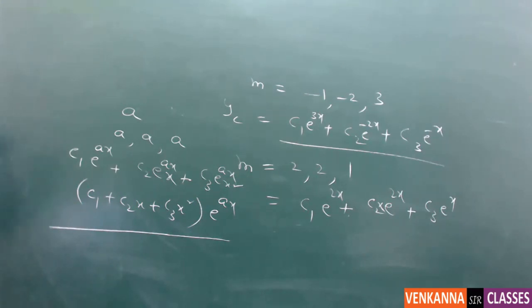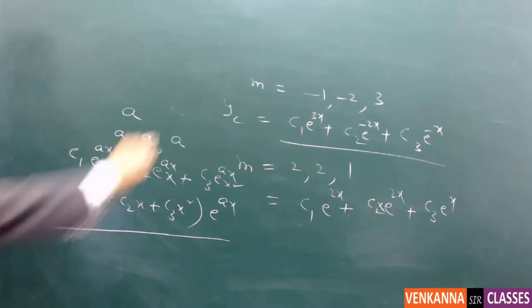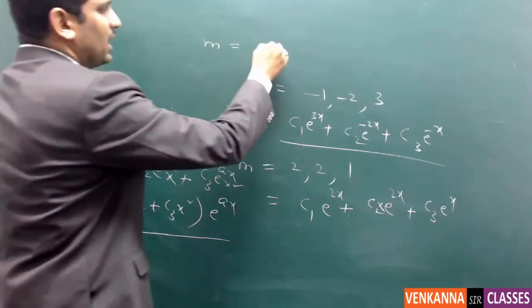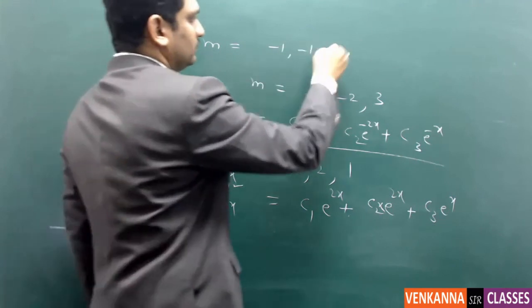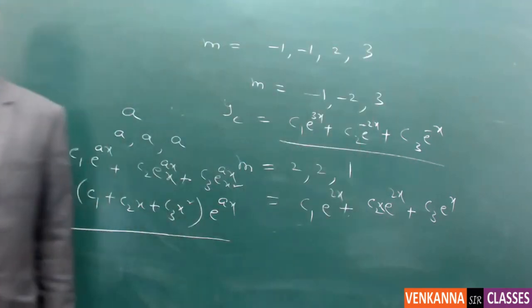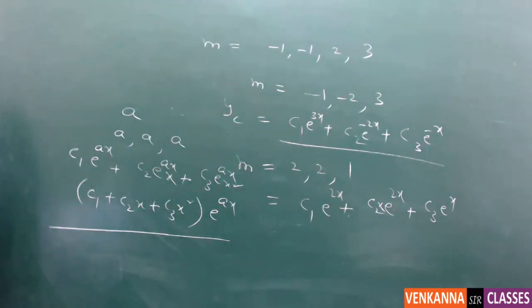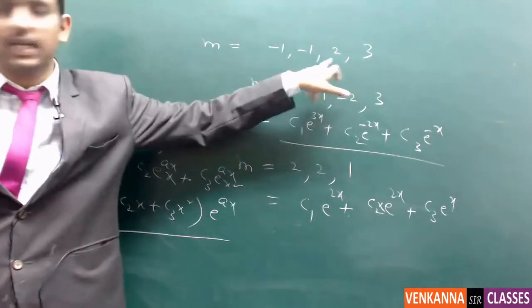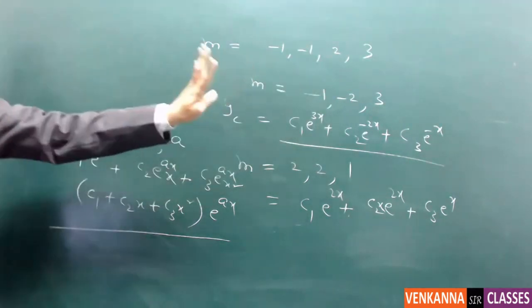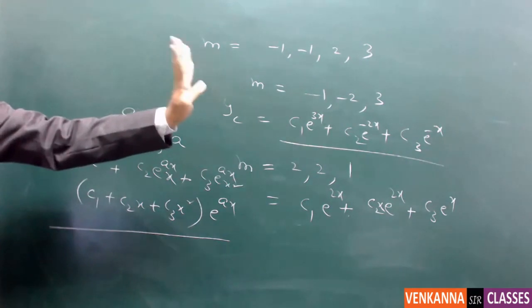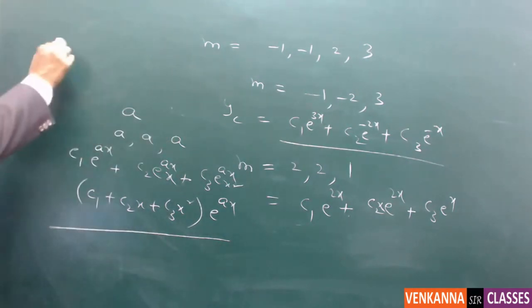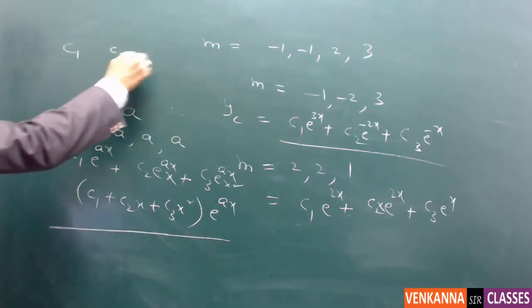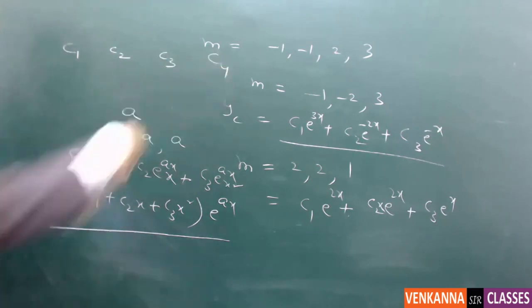Right. Let me take the other one. Suppose the roots happen like this. So I have taken a fourth order equation. So m has 4 values in which this is a repeated root, these are distinct. Since 4 roots are there, I must have 4 constants: C1, C2, C3, C4.